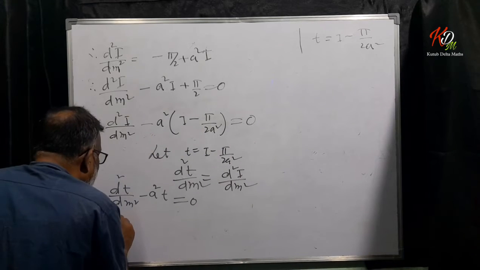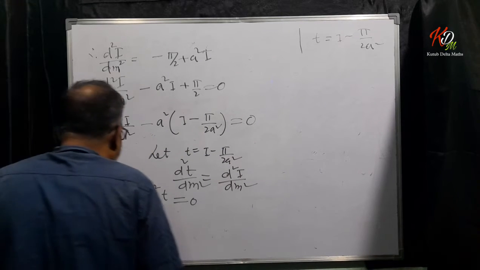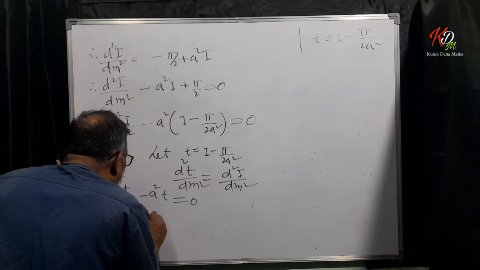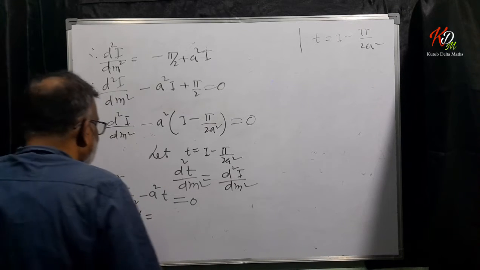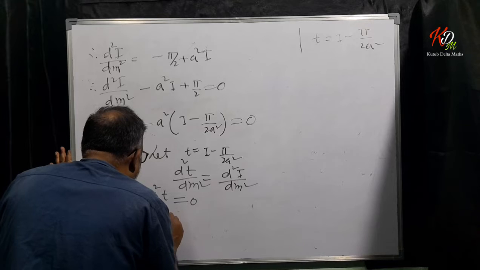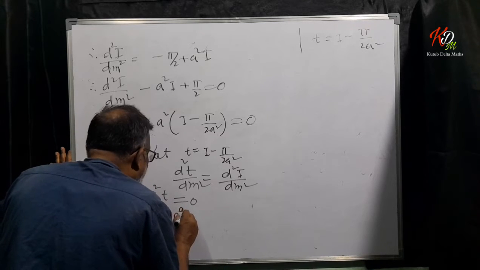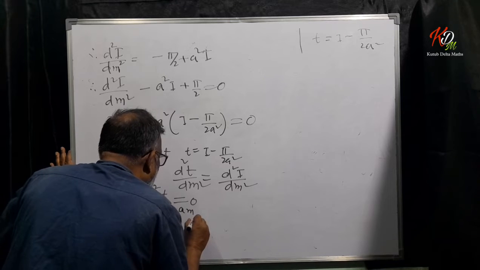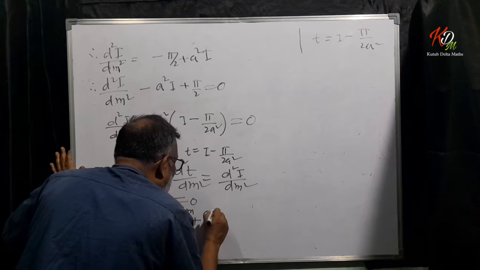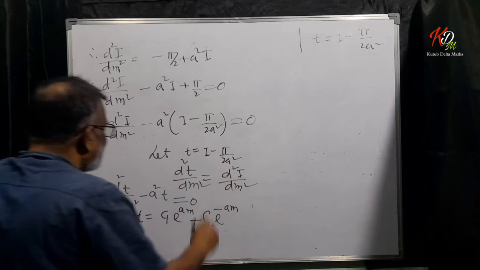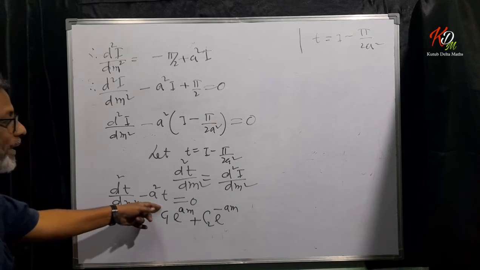So t equals, by the solution method, c1 e to the power am plus c2 e to the power minus am. This will be the solution of the differential equation.